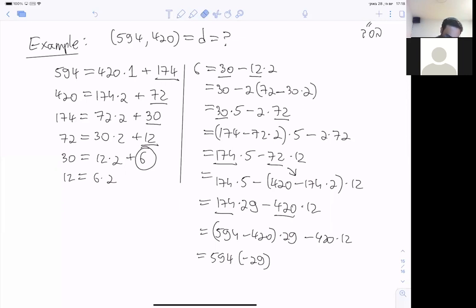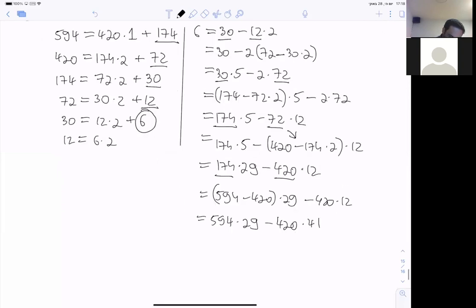No, it's not minus, it's plus. 29 plus 12 is 41, isn't it? Okay, so the K1 is 29 and the K2 is minus 41.